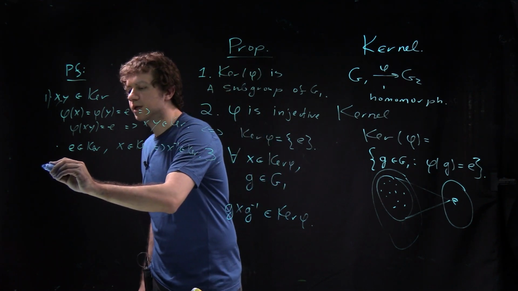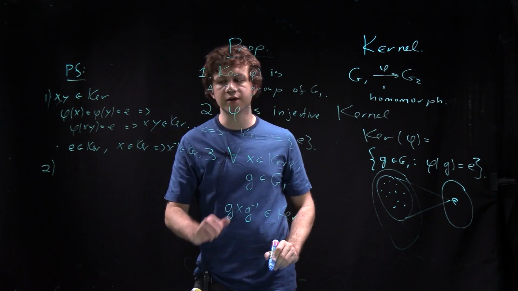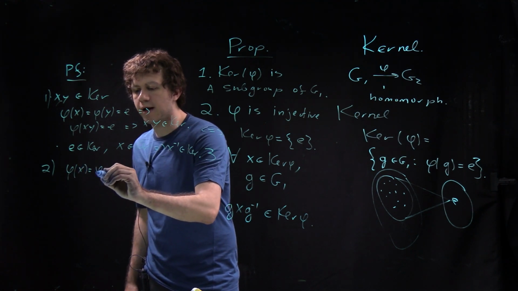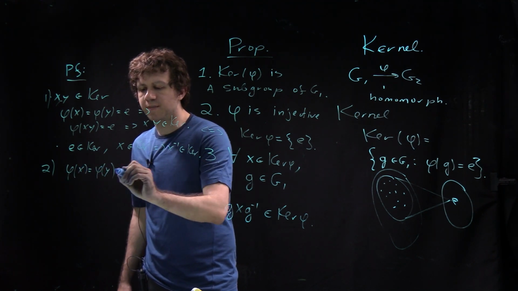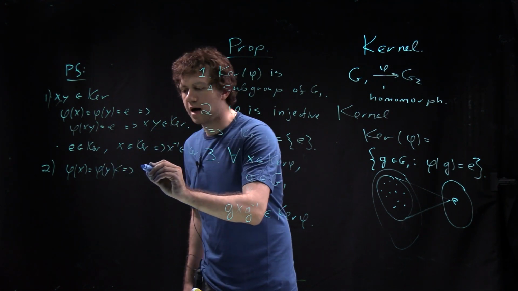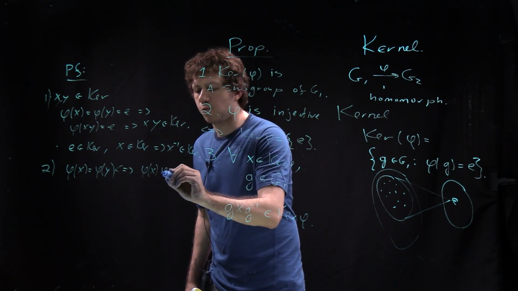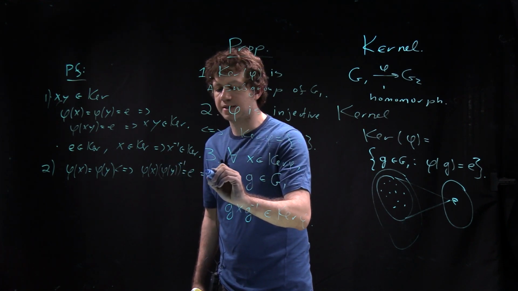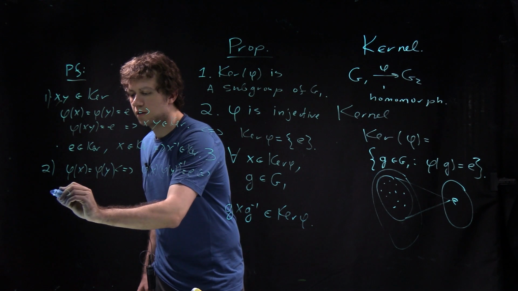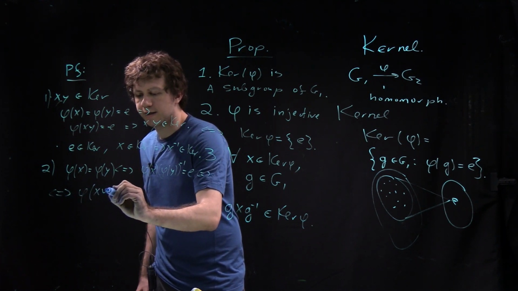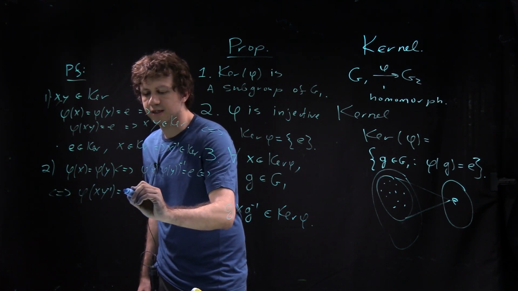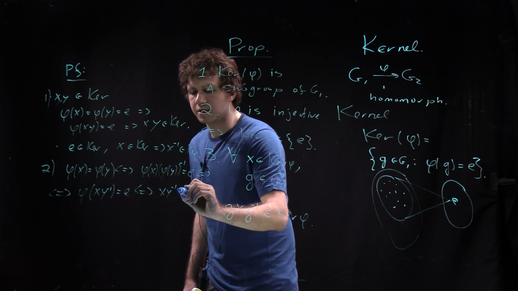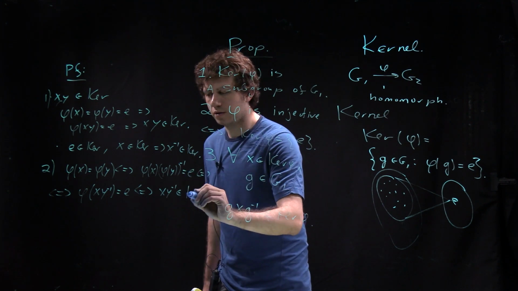Part two: I don't want to write it in many details, but if you imagine phi of x equals phi of y, this happens if and only if phi of x times phi of y inverse is the identity. You can always do such things in groups. That is the same thing as phi of x y inverse being equal to the identity, so x y inverse is inside the kernel.